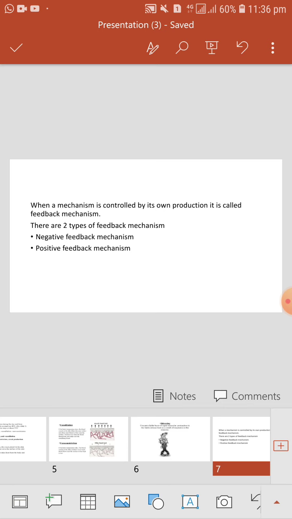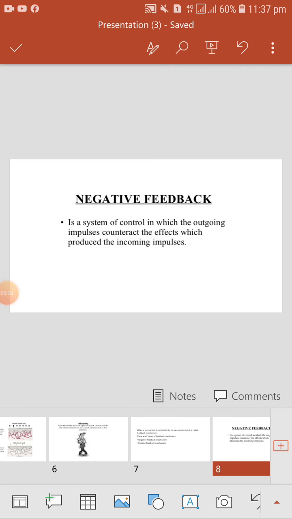We define the feedback mechanism as follows: when a mechanism is controlled by its own product, it is called a feedback mechanism. There are two types of feedback mechanism, negative feedback and positive feedback. What is negative feedback? It is a system of control in which the outgoing impulses counteract the effects which produced the incoming impulses.